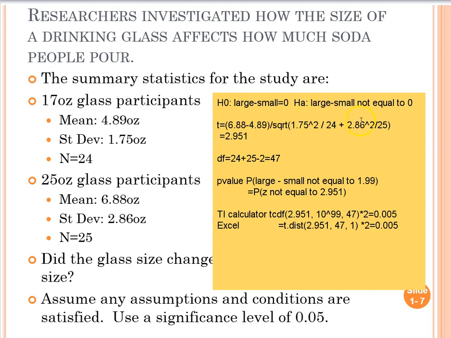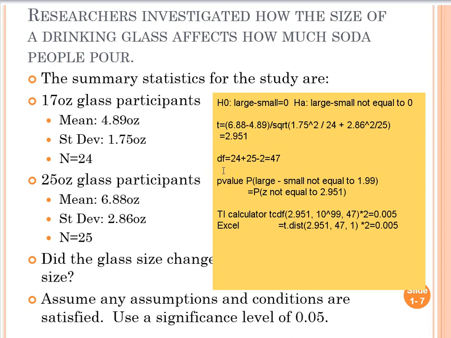This is just the square root of the standard deviation squared divided by the sample size of the first group. And then again, we add for the second group that standard deviation squared divided by their sample size. That's going to give me a t-score of 2.951.